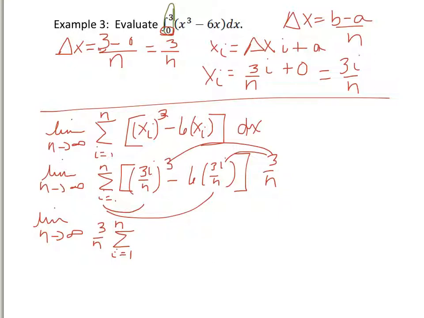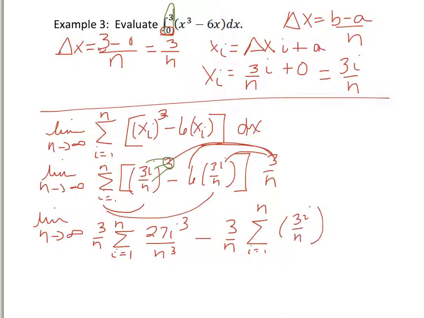And this first one is going to be 27i cubed over n cubed, because I went ahead and distributed this to all three of those. All right, minus 3 over n, because again, I have to make sure this gets distributed here. The summation i equals 1 to n of 3i over n. All right, and that's what I'm going to be taking the limit of.